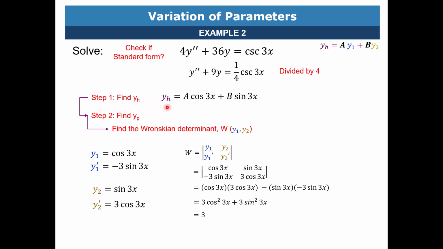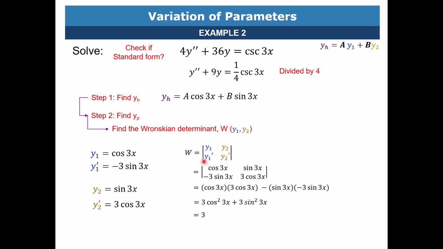Now, step 1 is to find yh. yh is given here. Next step is to find yp. For yp, for this method, you have to find the Wronskian determinant of y1 and y2.